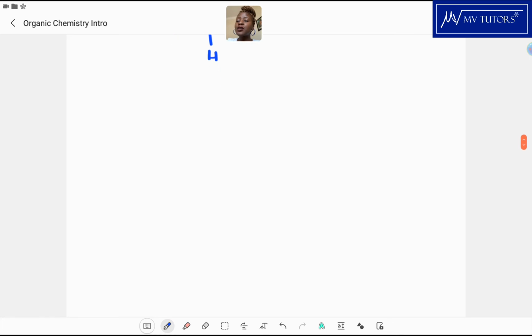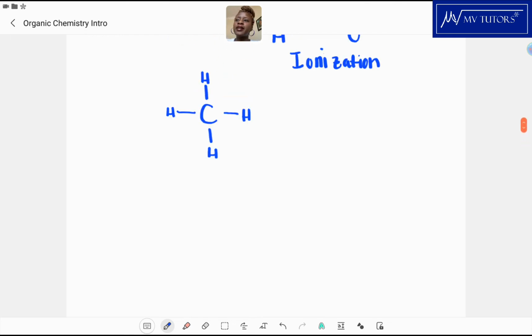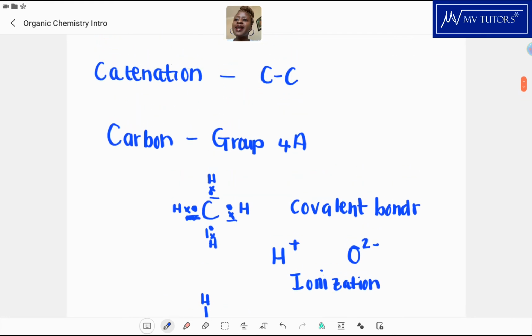So when we have carbon, it forms covalent bonds with either hydrogen, oxygen, the halogens that we discussed, and also other carbons, a process we called catenation.